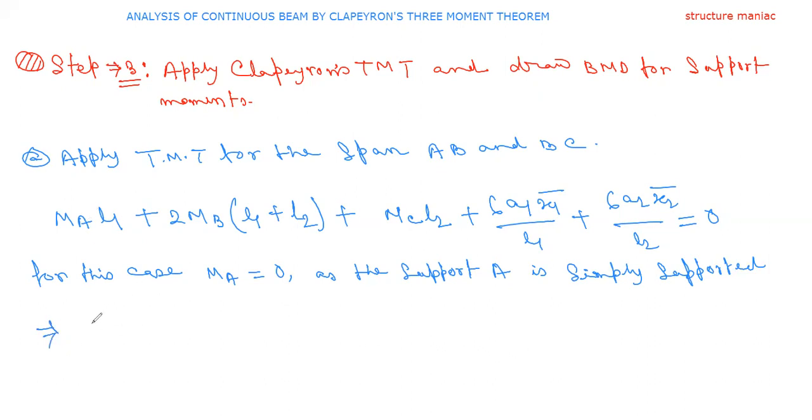Okay. So now put all these values which we have calculated separately. So MA 0 plus 2 into MB, and the value of L1 and L2 we know 6 and 5, plus MC, and the value of L2 is 5, is equals to, I am just taking these values on that side, so minus 6 into A1.